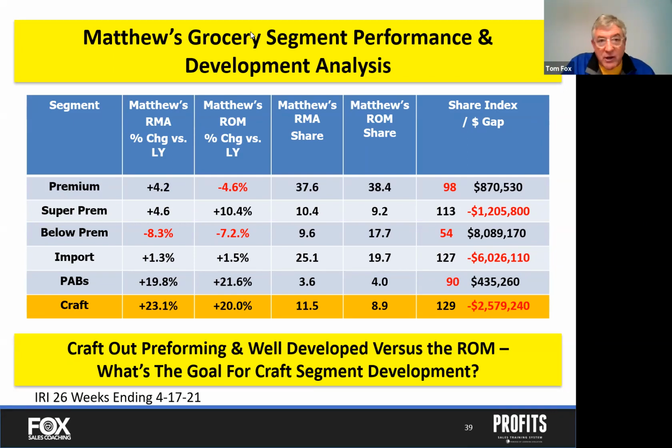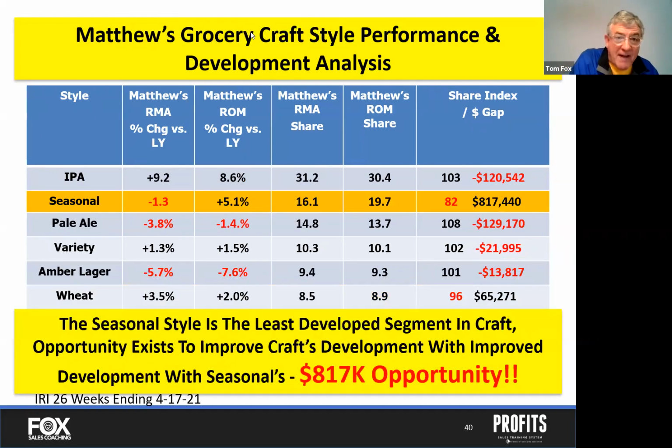Then we go, okay, recognizing how important growing craft further is for you, we looked at your craft business, breaking it down by style. Again, we can literally read the title: Matthews Grocery Craft Style Performance and Development Analysis.